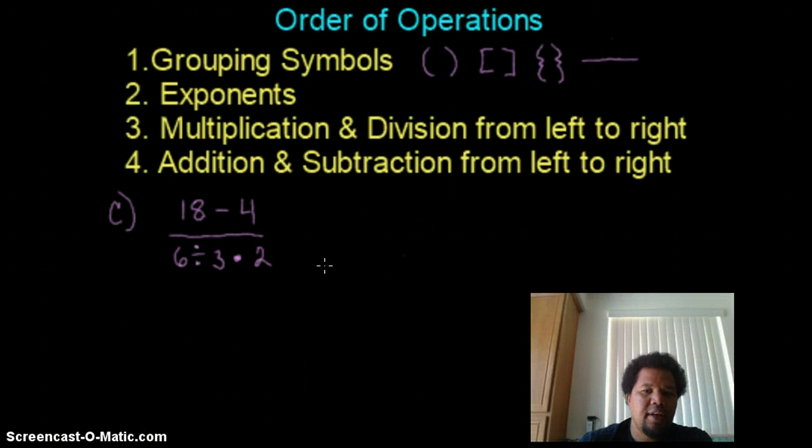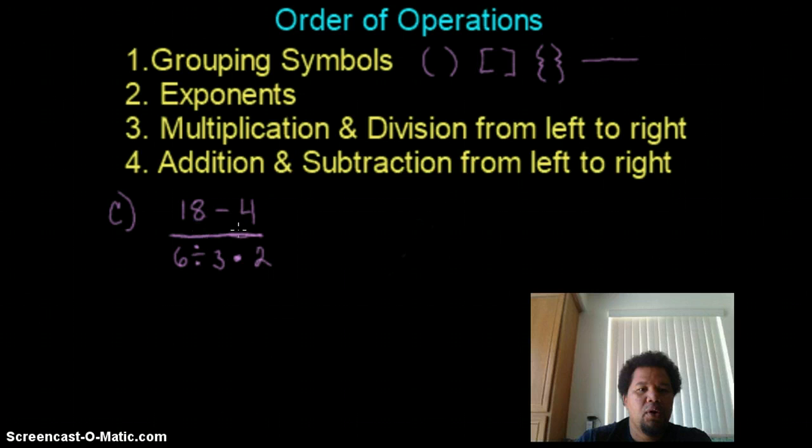Okay, our third example: 18 minus 4 over 6 divided by 3 times 2. So we have this fraction bar, or division bar. It does mean division, but it's also one of our grouping symbols. What it does is group our top and our bottom.